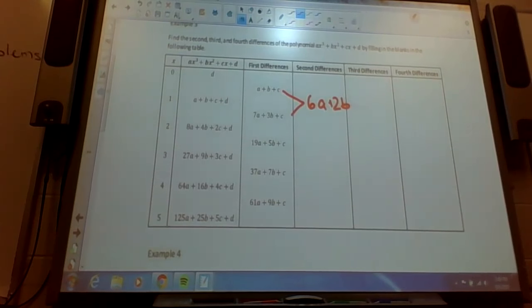The big thing I want you to get at is that if I look at the first difference and then the second differences are all the same, I know that's a square function, right? Yes. This is a square function, because the second differences are all the same.